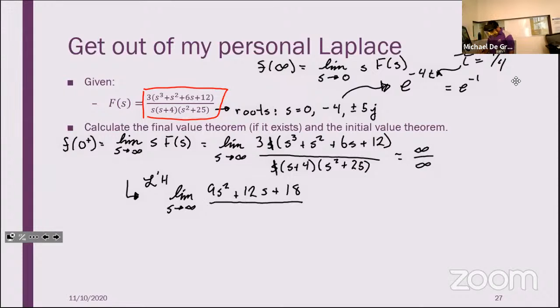In the denominator, it gives me 3s squared plus 8s plus 25. How did I get that? Well, I multiplied those two together and then I took the derivative.